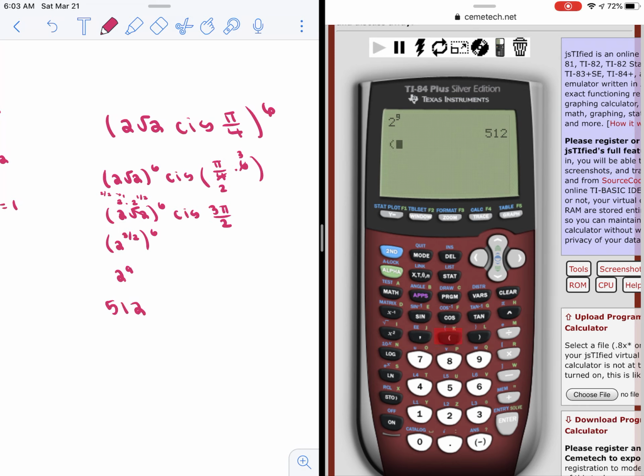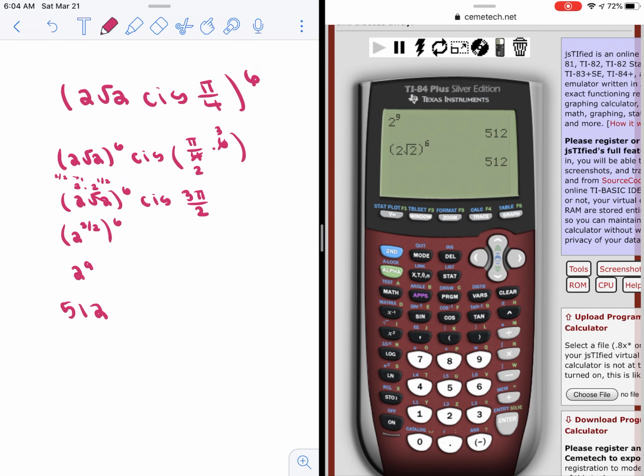And note, if you were allowed to use your calculator, you could have done 2 square root 2, and then you could have raised that to the 6th power, and you would have also gotten that. Just be careful, because non-calculator versus calculator, you would obviously not be allowed to use a calculator on some questions, and it's important to know how to do that without.